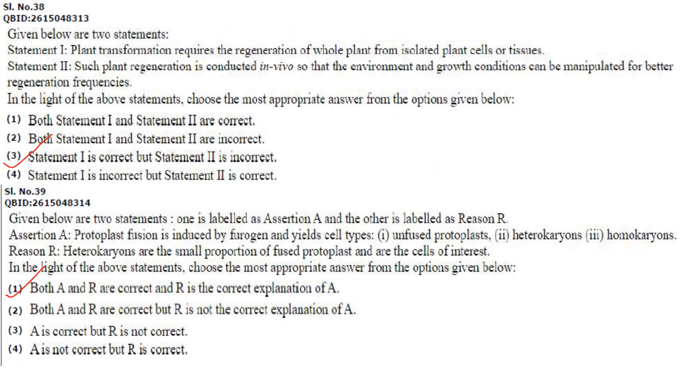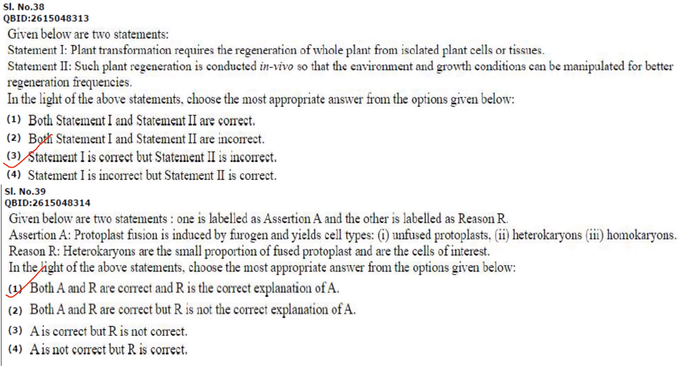Given below are two statements. Plant transformation requires the regeneration of whole plant from isolated plant cells or tissues. That is correct. After Agrobacterium mediated transformation of plant cells, you need to regenerate the whole plant from isolated plant cells or tissues.